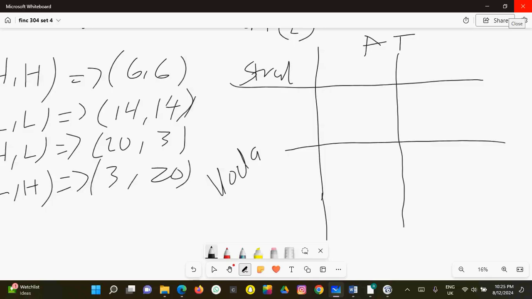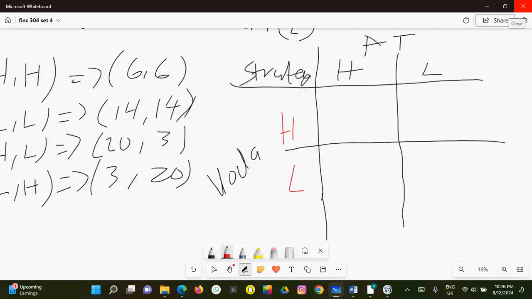The strategies: we have high and low advertising. So high, low, high, low. Let me change this so that it will be legible for everyone. Let me use red for Vodafone.